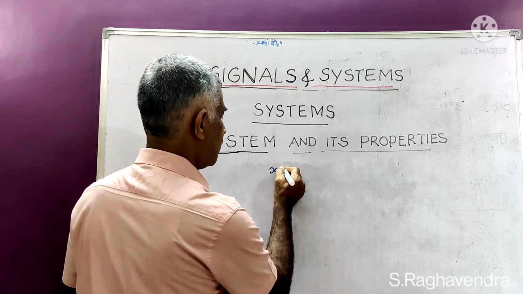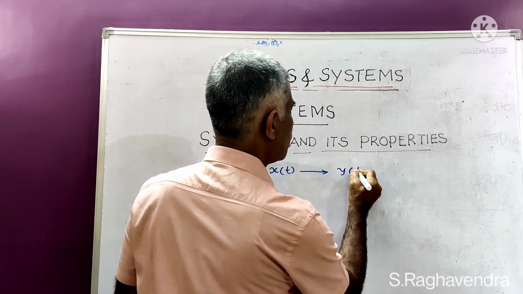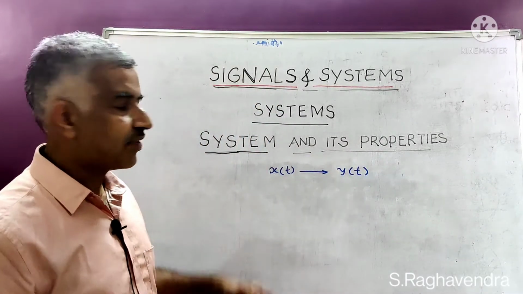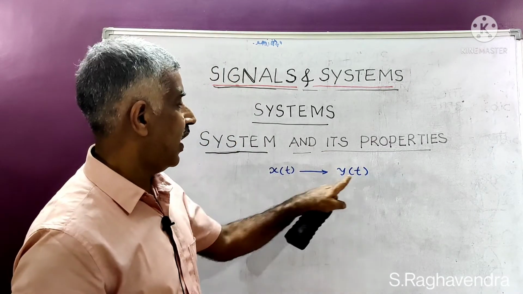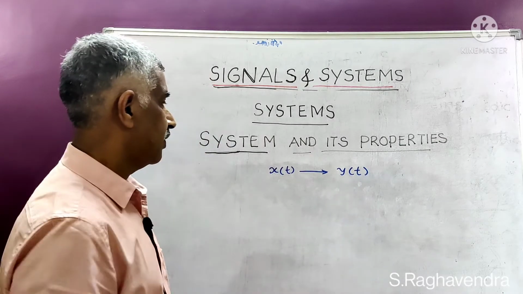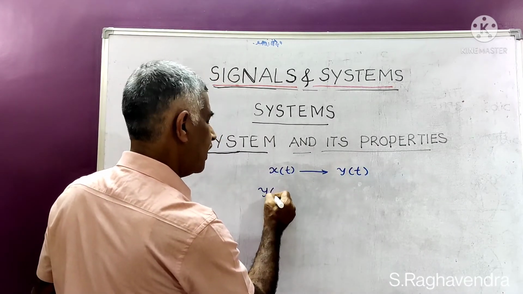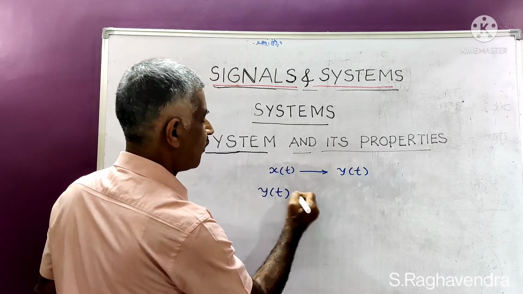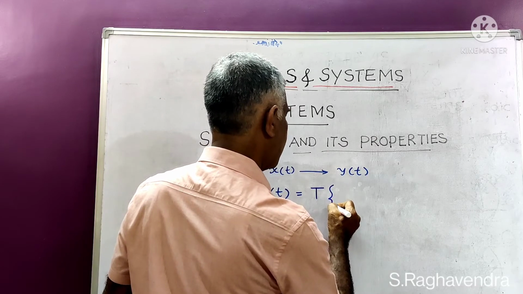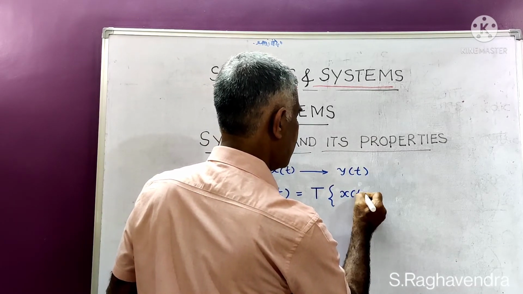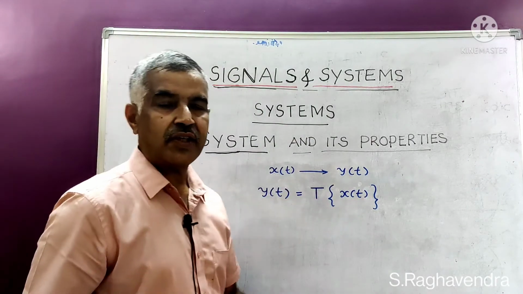This is one notation, x of t going to y of t. That means x of t is the input signal and y of t is the output signal. In another notation, in some textbooks, y of t equals T times x of t.